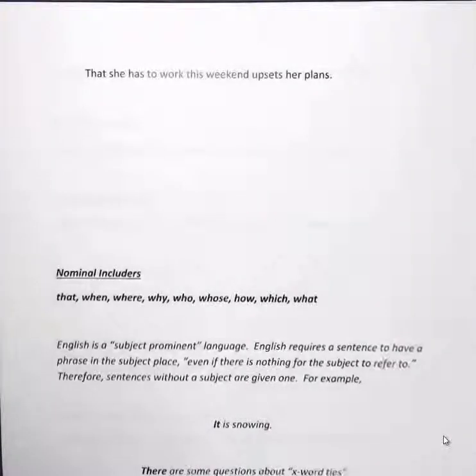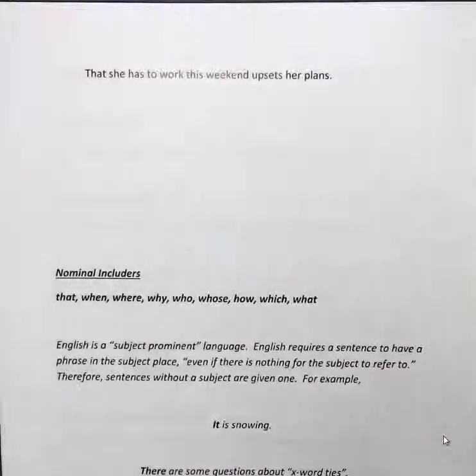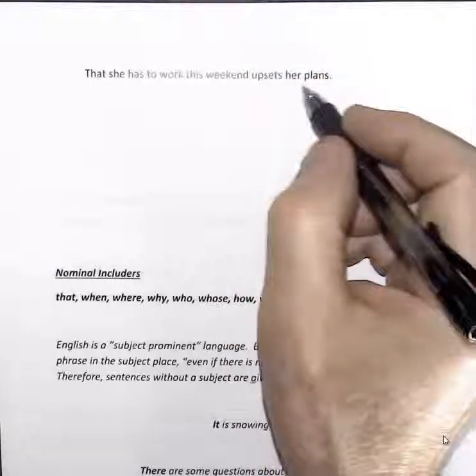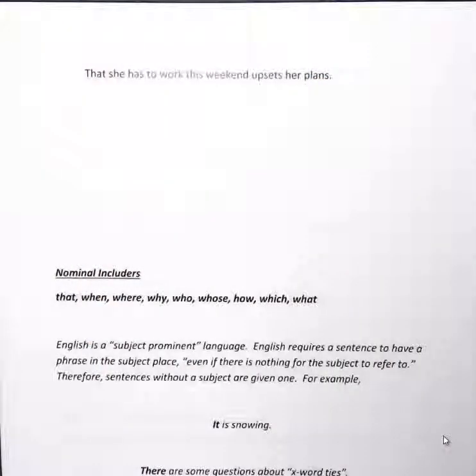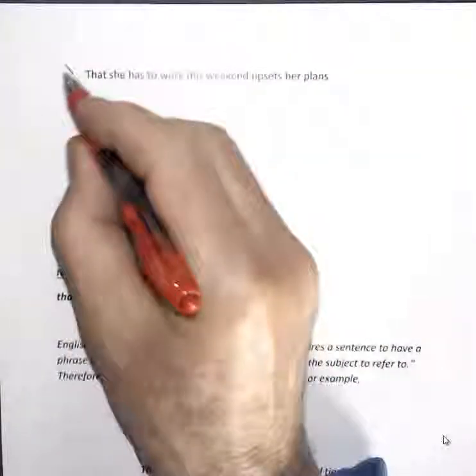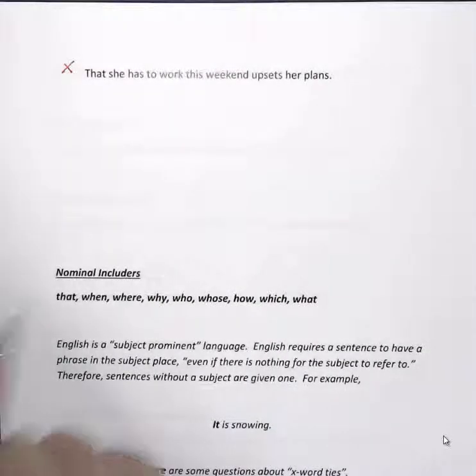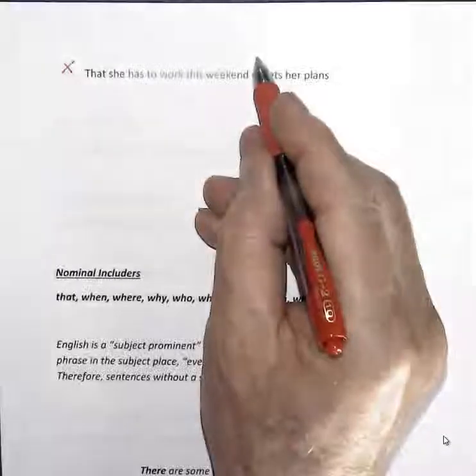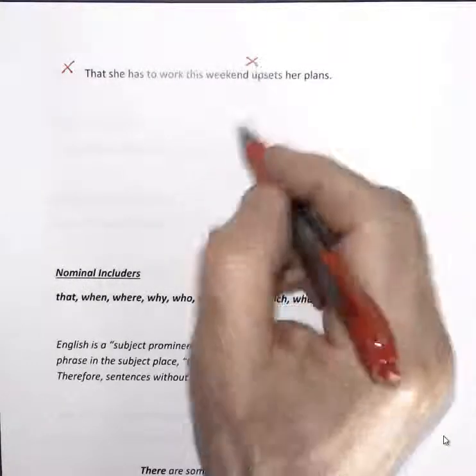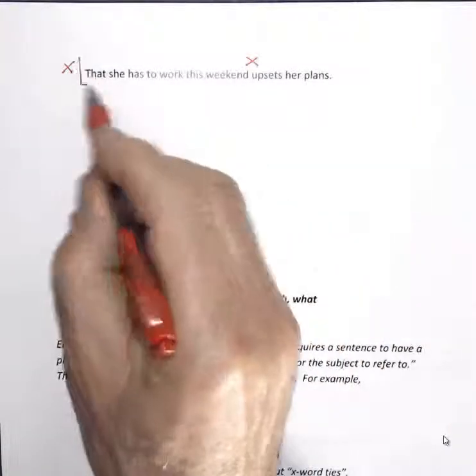That she has to work this weekend upsets her plans. Let's take a look. I don't see any shifters. Does that she has to work this weekend upset her plans? That she has to work this weekend does not upset her plans.